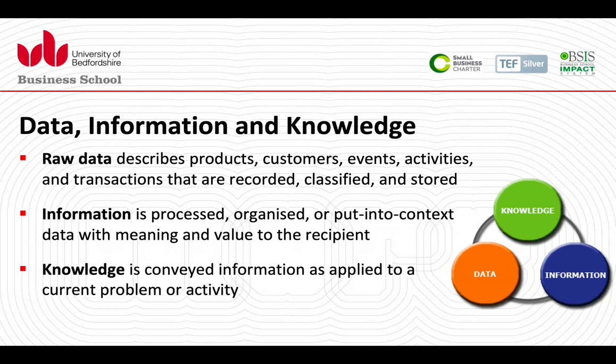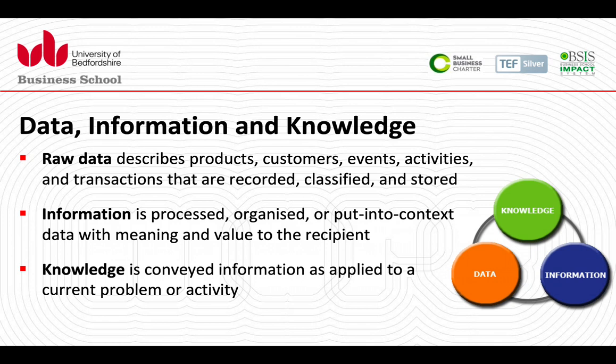And when we apply this information, information in context, to make a certain decision or take a certain action, knowledge is conveyed: information is applied to a current problem or activity or to address any issue.